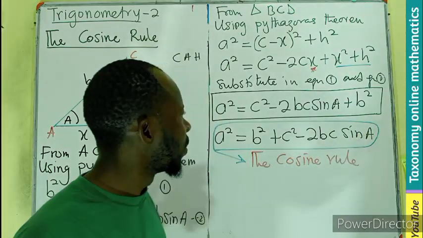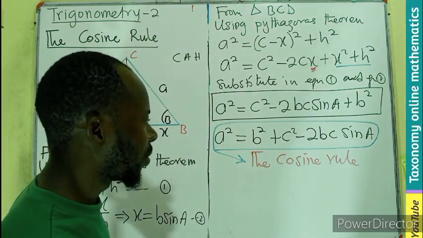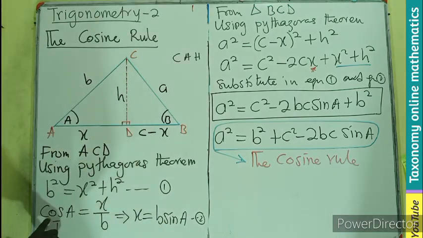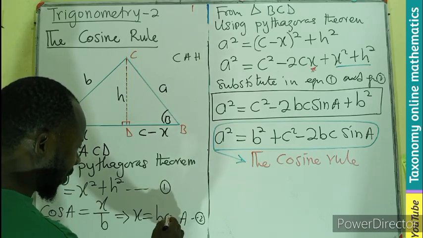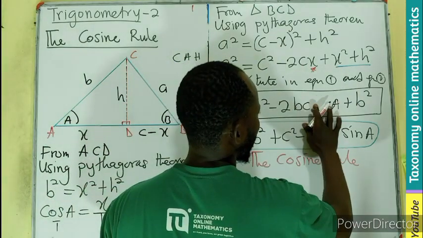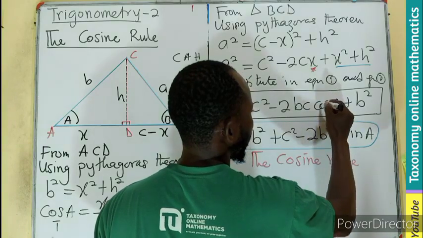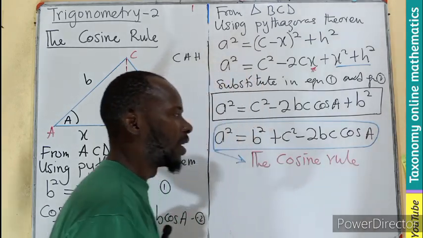So this is going to be cos, because we are looking at the cosine rule.